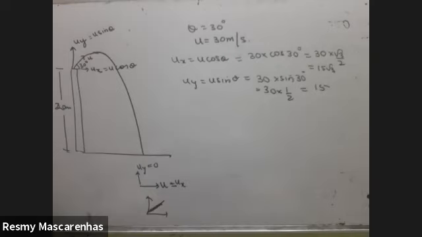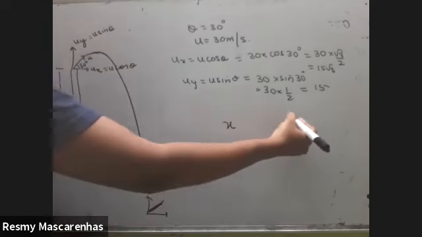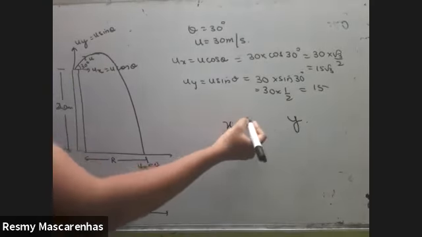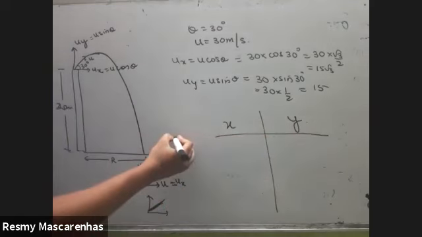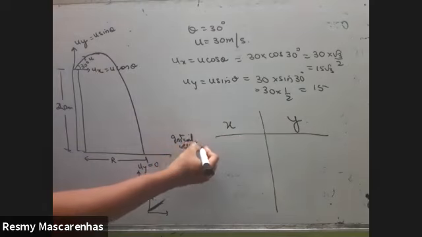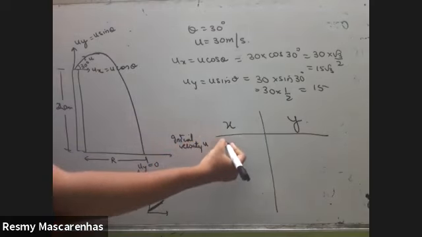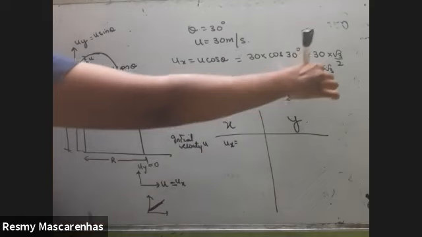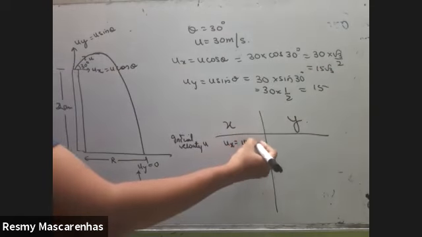Now, what else we know? The distance. So this can be your range, how much it has covered. I will write all the data for x and y. Initial velocity u. So ux is how much? 15 root 3.